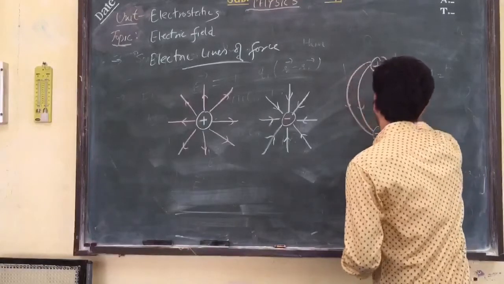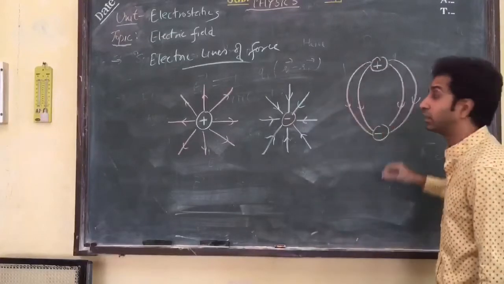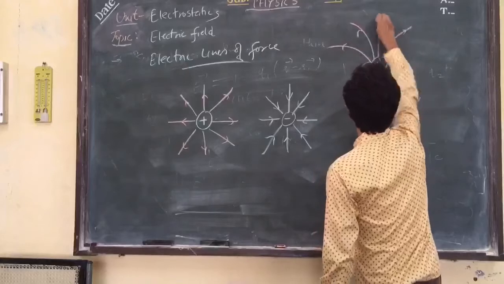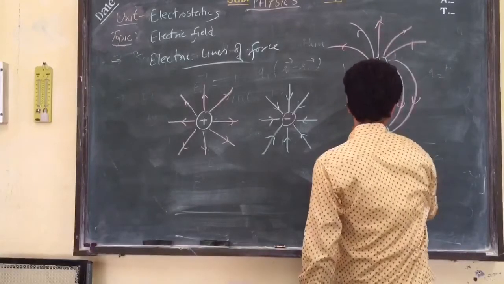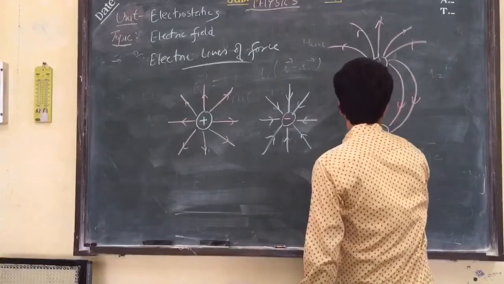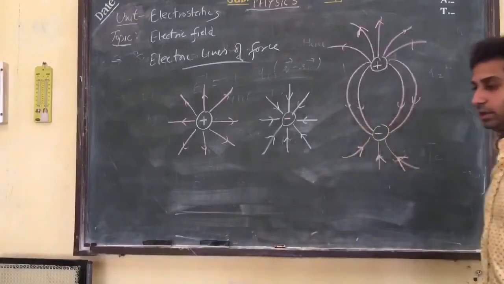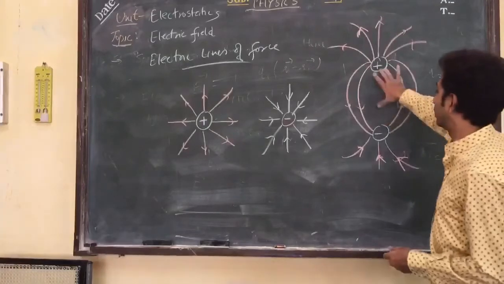Similarly like this. The more lines you draw, the stronger the electric field you are representing. And this is a positive, and this is a negative, arrow towards negative and away from positive, right? So this is the way to represent the electric field lines due to the combination.